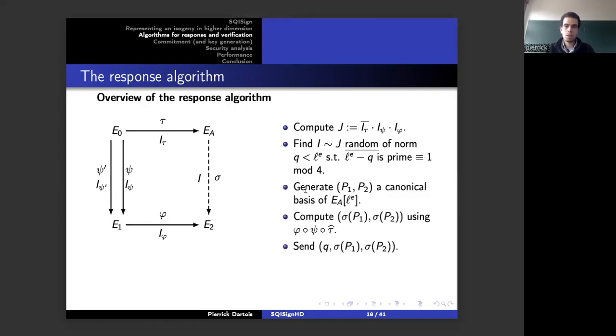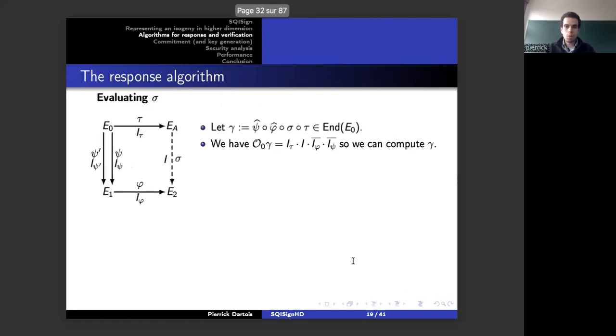Then we generate a canonical basis of the L to the E torsion in E_A. We evaluate it via sigma, the isogeny associated to I. I will explain how this evaluation is done. And then by sending Q and the evaluation of the basis via sigma, we can compute the isogeny in dimension 4. And that will be the work of the verifier.